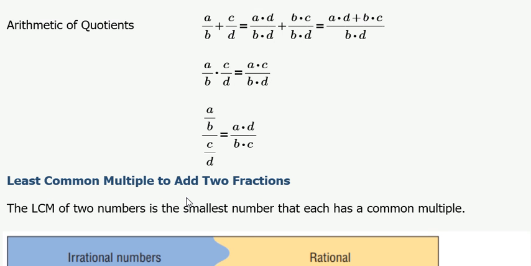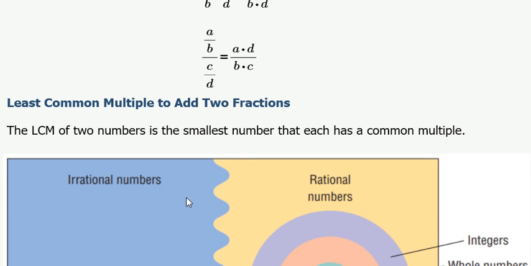Arithmetic of fractions: a by b plus c by d equals a times d divided by b times d plus b times c divided by b times d, equals a times d plus b times c by b times d. A by b times c by d is equal to a times c divided by b times d. The division of two fractions, a by b divided by c by d, is equal to a times d by b times c.